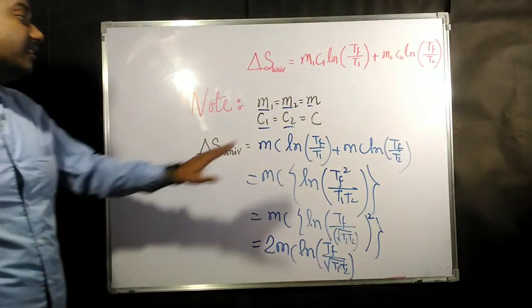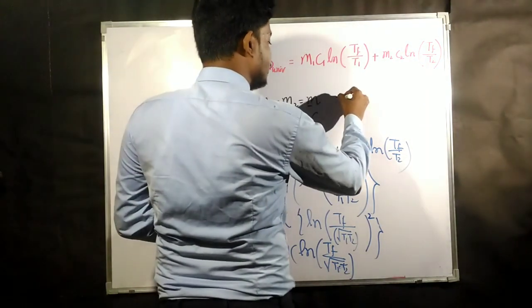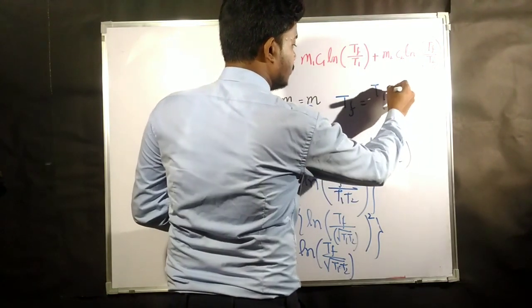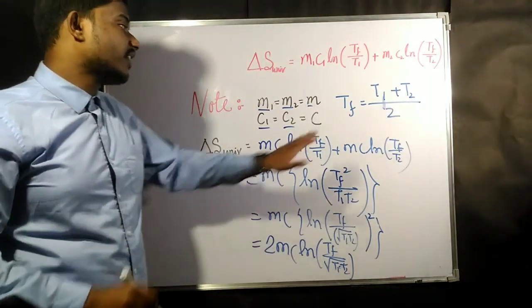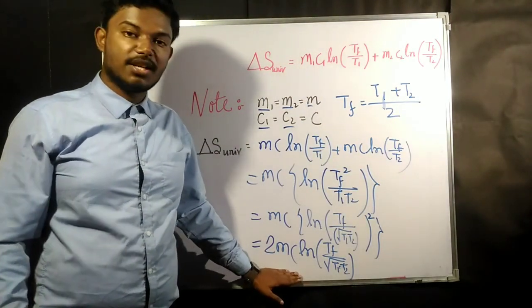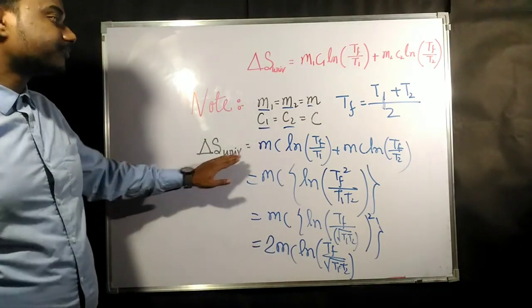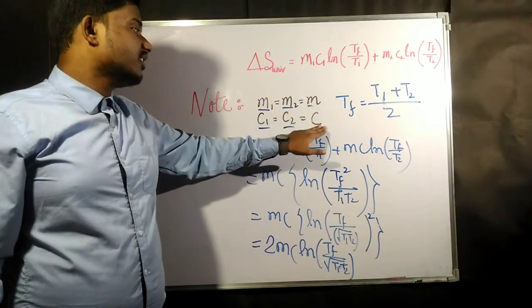Since m and c are the same, your final temperature is going to be T1 plus T2 divided by 2. This is the final expression for del S universe. This is the average.